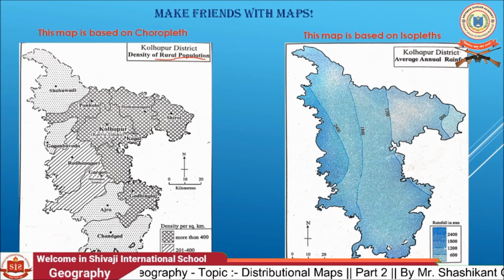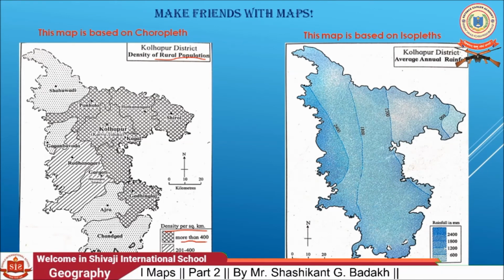Here you can see the density has been given per square kilometer. These shades show more than 400, and here you can see less than 200, which means 400 is the maximum value, whereas 200 is the minimum value.